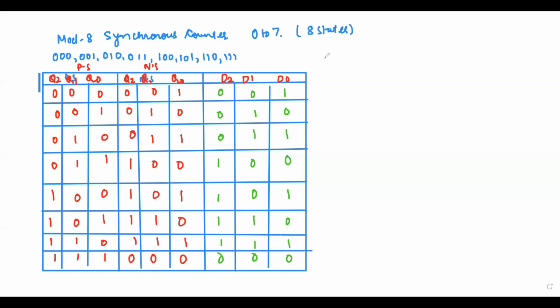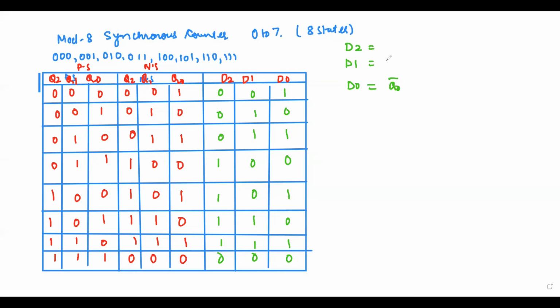Let's discuss what can be done after that. You have this, so three different K-maps will be there corresponding to D2, D1 and D0. You are good at K-maps, so when you solve them, they will give you different values. Corresponding to D0, your value is Q0 bar.